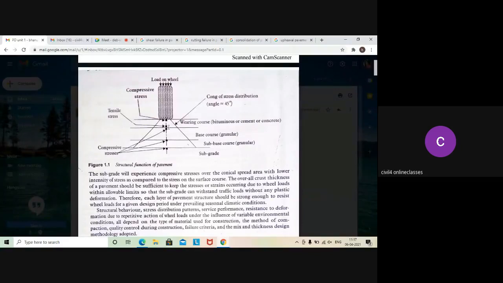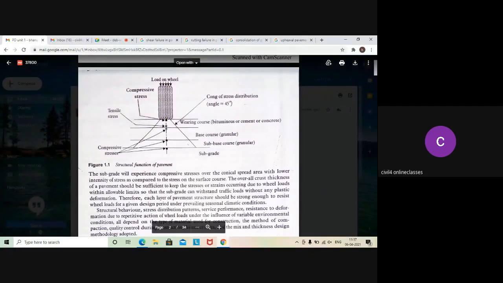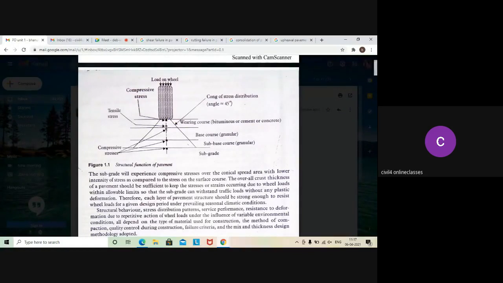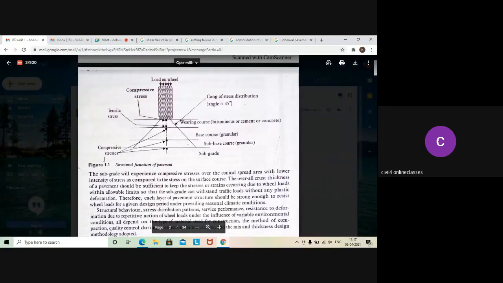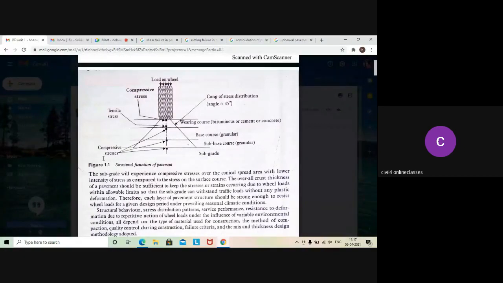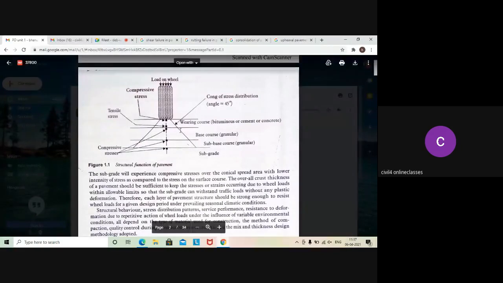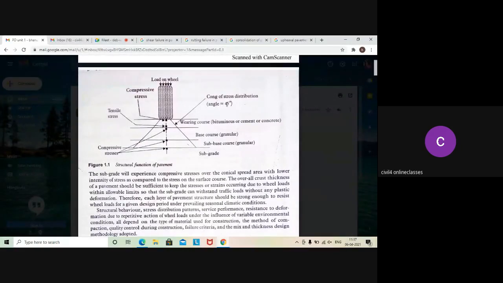In the next layer, there is tensile stress on the top side and compressive stress at the bottom side. Similarly, compressive stresses are developed on the bottom side for each and every layer. And you can see it is distributed in a cone of angle 45 degrees.